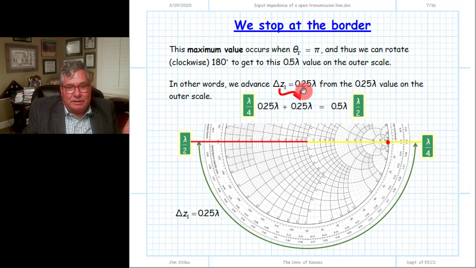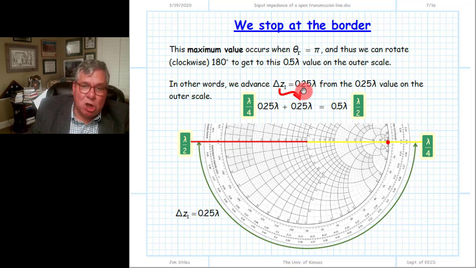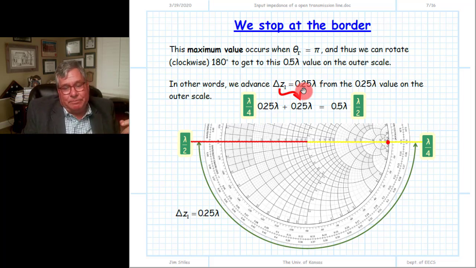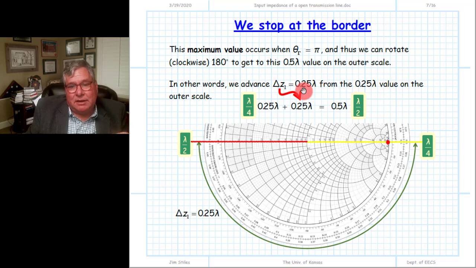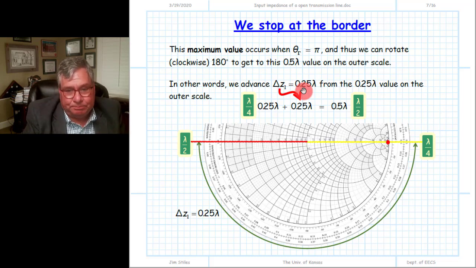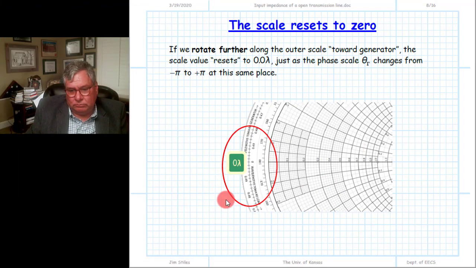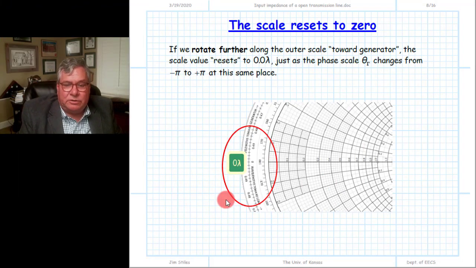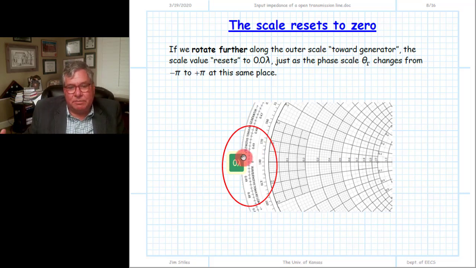The question then is, how much further do we need to go to complete a distance of 3/8 lambda? All right, when we get to this transition boundary on the outer scale, it gets to 0.5, and then it restarts again at 0. And so this is now going to be our initial marker for the remainder of our journey.